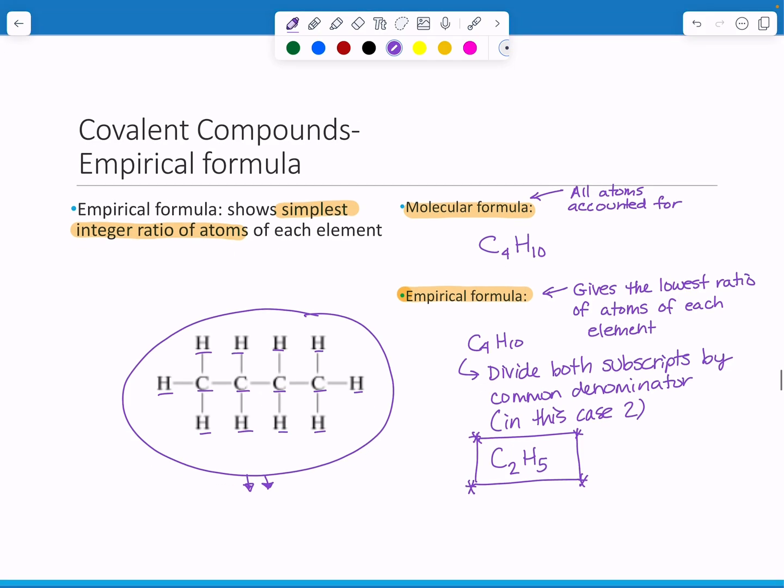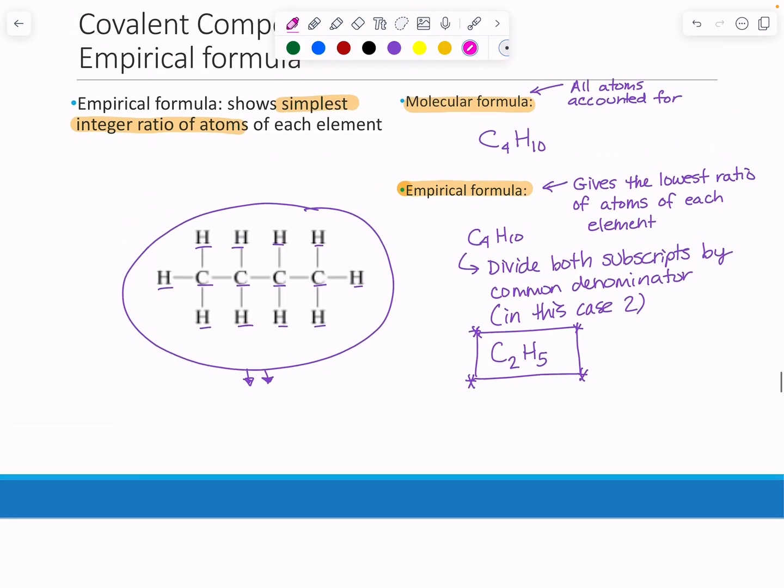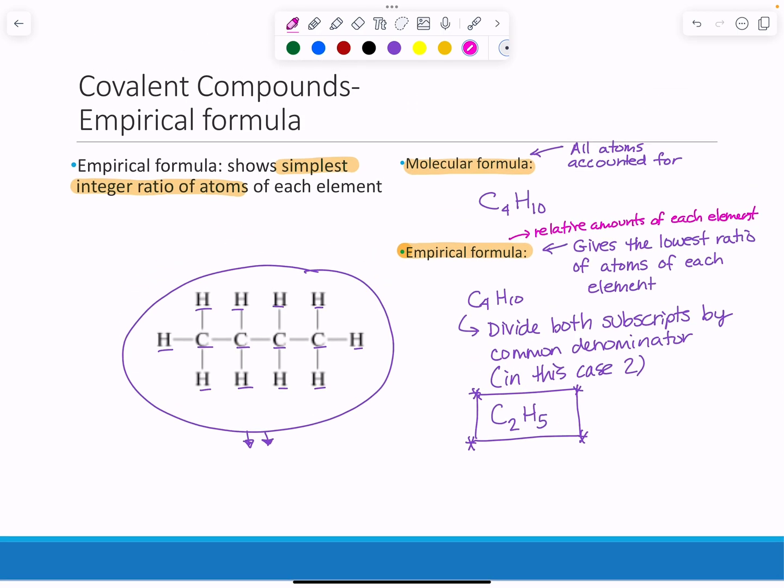What the empirical formula tells you is the relative amounts of each element, which is characteristic of that particular compound. Several compounds may have the same empirical formula, but they'll have different molecular formulas if they're different molecules.